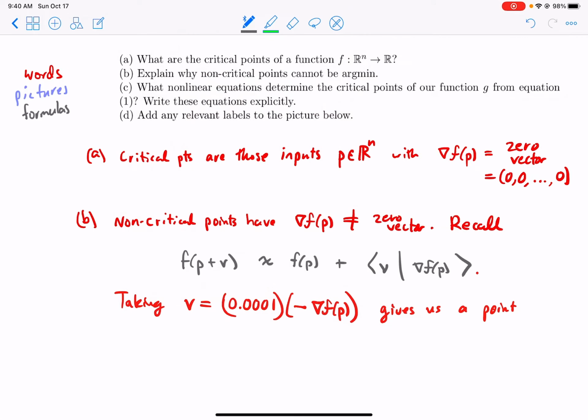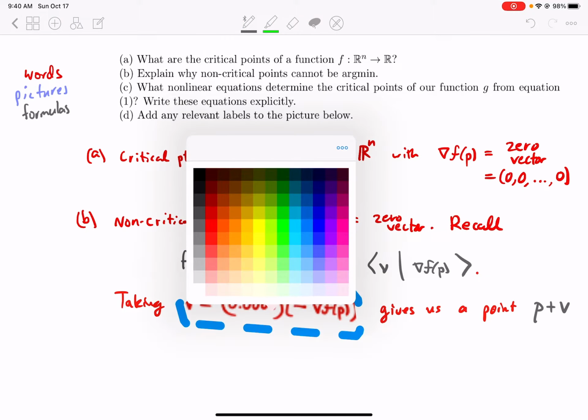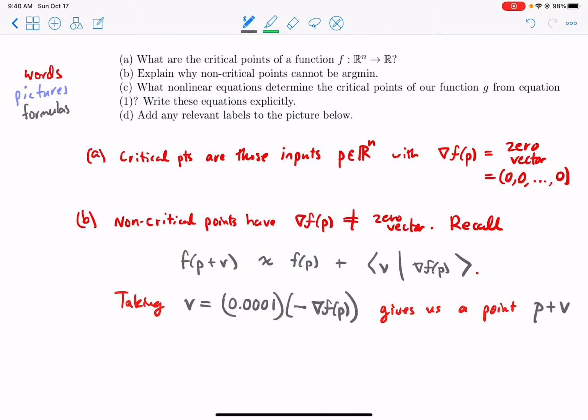In fact, this should probably be in the formula color. I'll continue with words. Gives us a point p plus v, so I move a little bit and I get a new point which has smaller value f of p plus v.